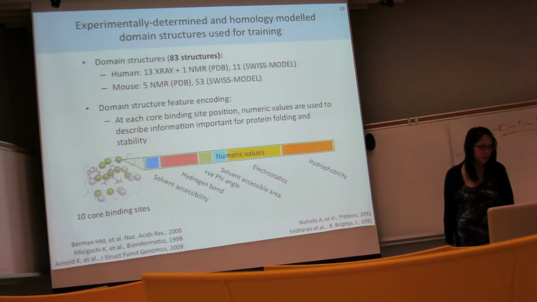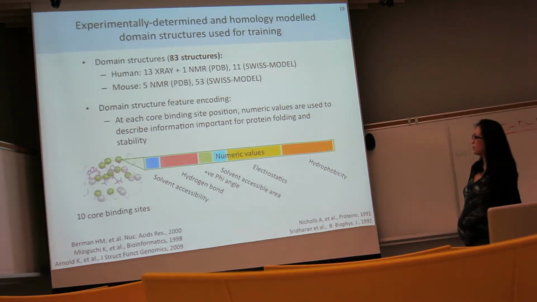For this project, we used 83 structures for training. A number of them are from the PDB and are X-ray or NMR structures, and the rest of them were homology modeled. For each structure, we extracted information that is important for protein folding and stability, and these features pertain to 10 core binding sites in the domain.